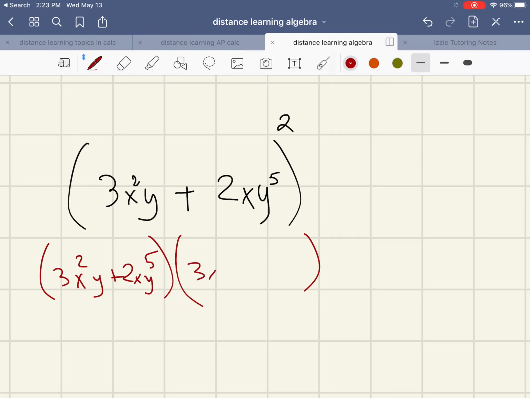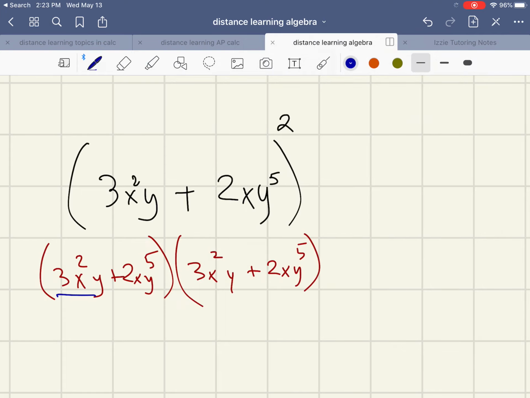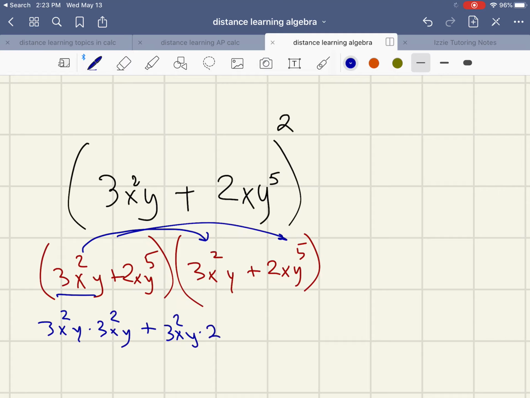But basically, if you have something squared, it is times itself. So I'm going to distribute the 3x squared y, 3x squared y times 3x squared y, plus, they're all positive, so everything's going to be positive, 3x squared y times 2x y to the fifth.